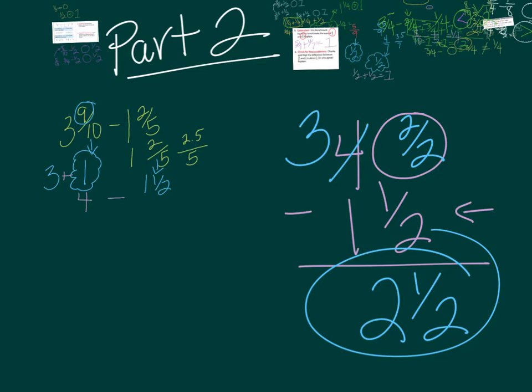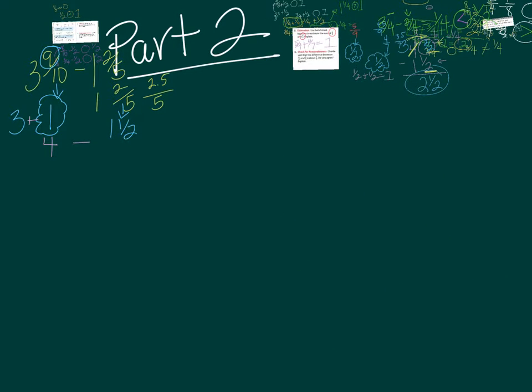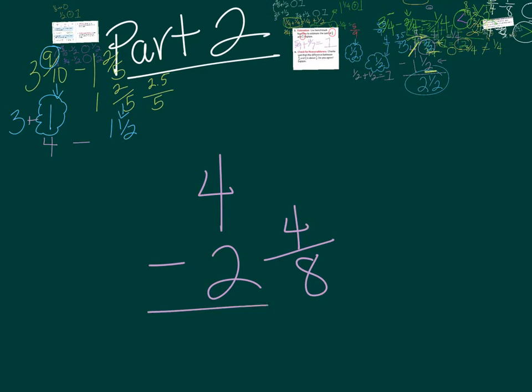Now I know that I had to use halves because my denominator here was 2, which means my denominator here had to be 2. So I had to have 2 out of 2 to equal the whole, because I broke up one of the wholes into a fraction. So if I had to break up the number 4, and I was going to subtract 2 and 4/8, well, same thing here.